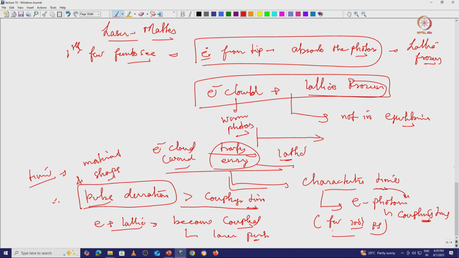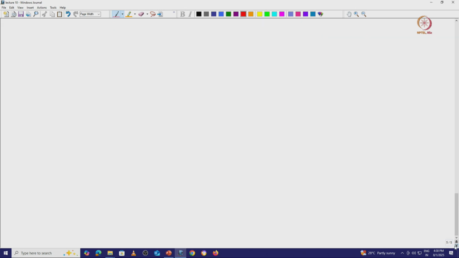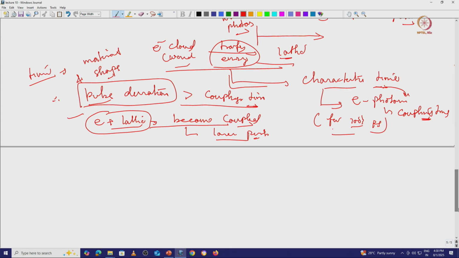If it is greater than the coupling time, then your electron plus lattice system becomes coupled during that laser pulse. This leads to direct acquisition of energy from the laser pulse by the lattice, due to which there will be a rapid rise in temperature, a rapid rise of the temperature of the tip, correct.